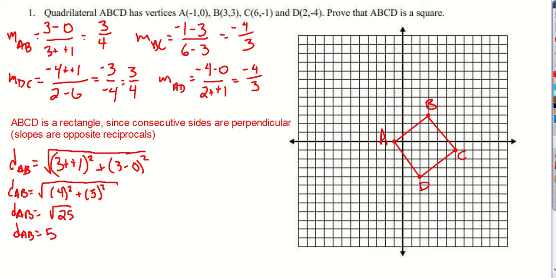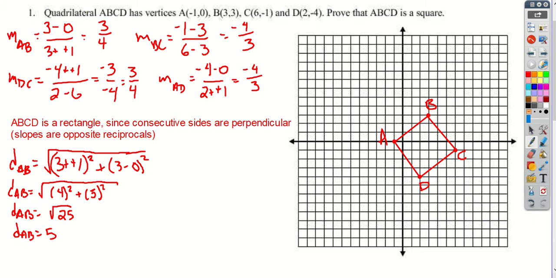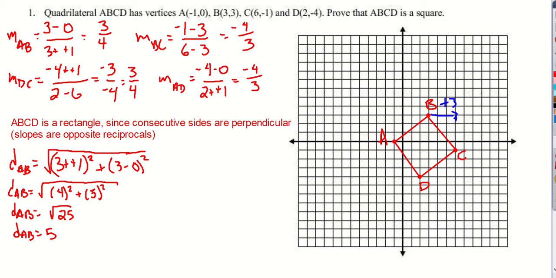Then we're going to do the same thing for BC. This time we're going to use the slopes, the rise and the run. We can count that this is plus 3 and this is going to go negative 4. So we do a squared plus b squared equals c squared. 3 squared plus negative 4 squared equals c squared. 25 is equal to c squared, and then square root to get 5.